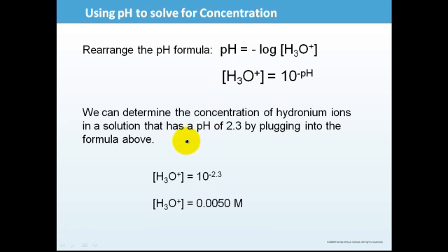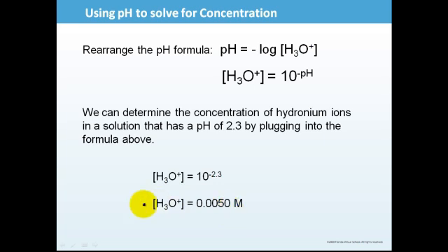So in this example, it says, what's the concentration of the hydronium ions if we have a pH of 2.3? All right, so again, just like we were doing before, we just plug it in. So 10 to the negative 2.3. Plug that into your calculator and you end up with 0.0050.